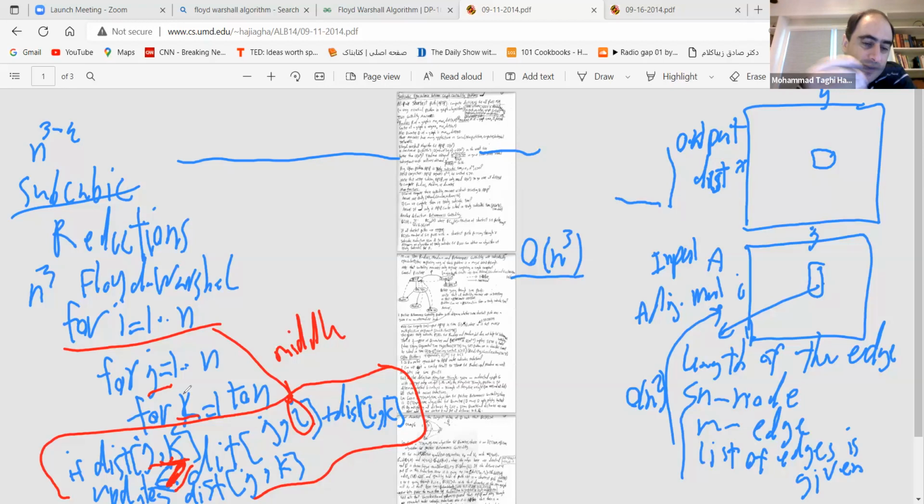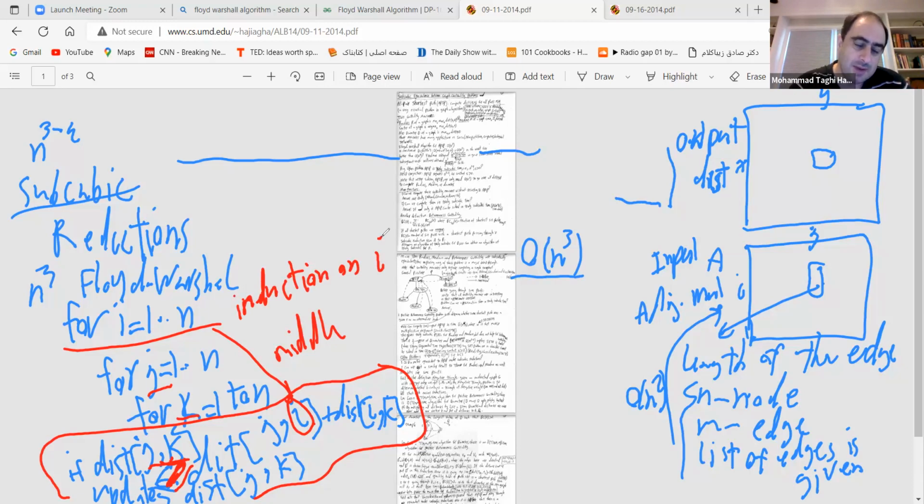Because here, how does it work? The idea is that this is an induction on i. So the proof is actually induction on i. That's why this algorithm solves all pairs shortest path. It is very important that i comes first, and we are doing induction on i.